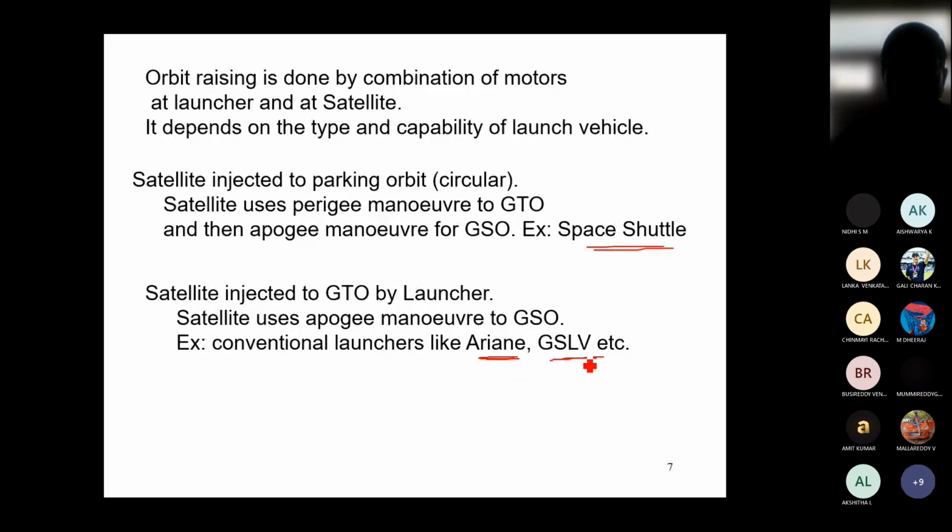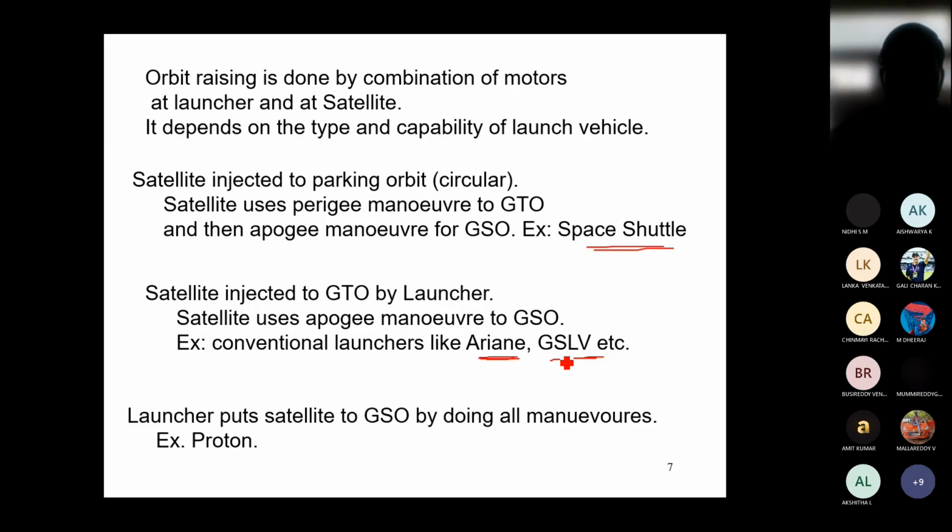GSLV is particularly used in India. GSLV stands for Geosynchronous Launch Vehicle. And similarly, in Russia, they are using Proton. The launch vehicle is called Proton, and this launch vehicle will directly put the satellite into GSO orbit.